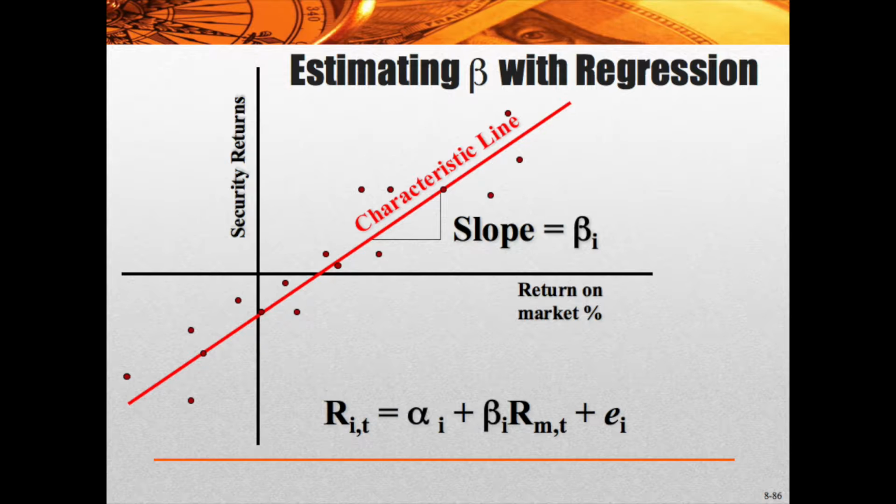So you see the regression equation here, and the slope of the line is the actual beta. Looking at the axes here, the return on the market is the horizontal axis. For every unit of return on the market, the security, which is the vertical axis, will either move up or down.